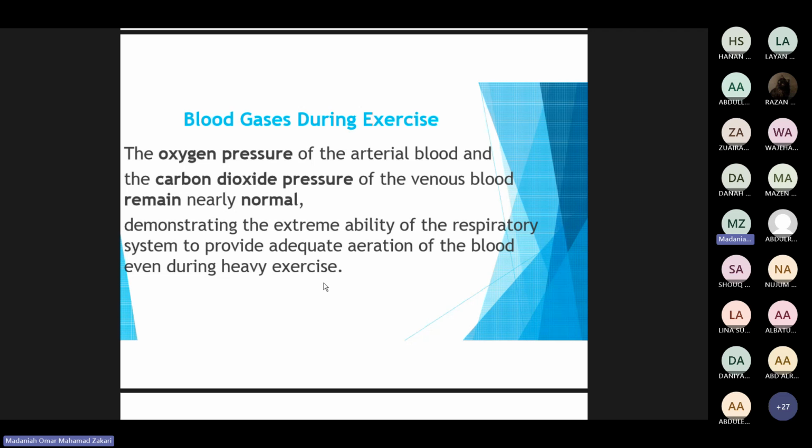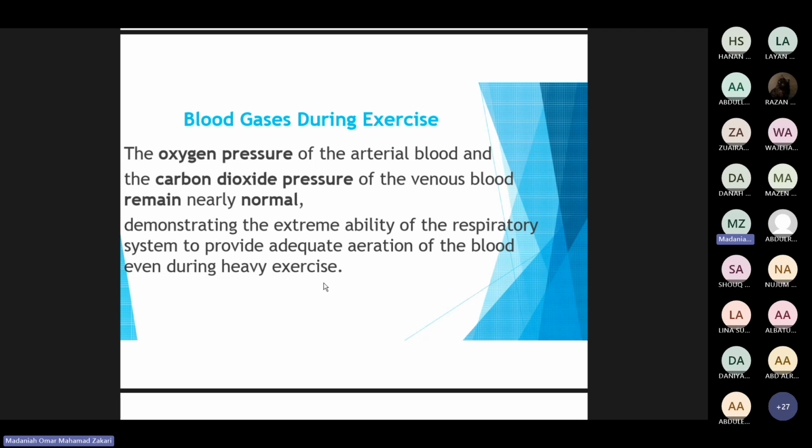So we talked about skeletal muscles and muscles of respiration. And now we're going to talk about the blood gases during exercise, how they can play a role in heavy exercise. So the oxygen pressure of the arterial blood and carbon dioxide pressure of the venous blood remain nearly normal.